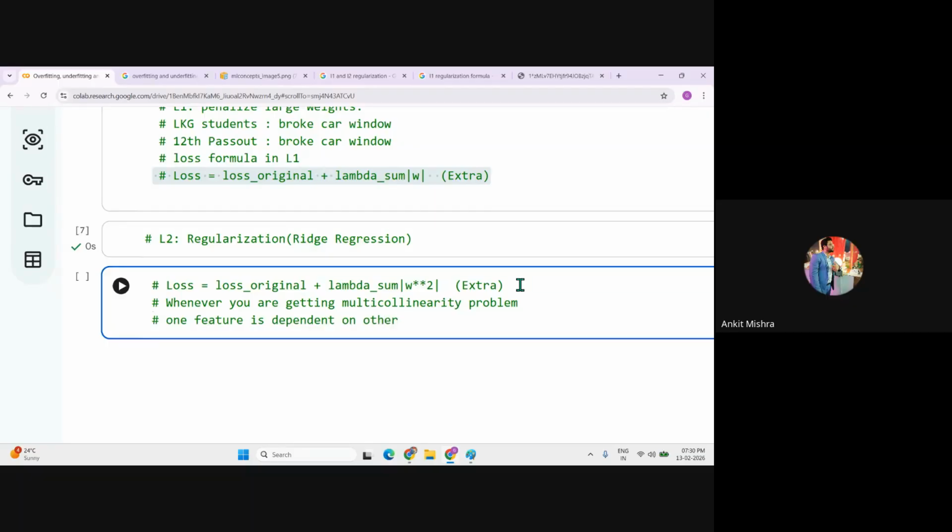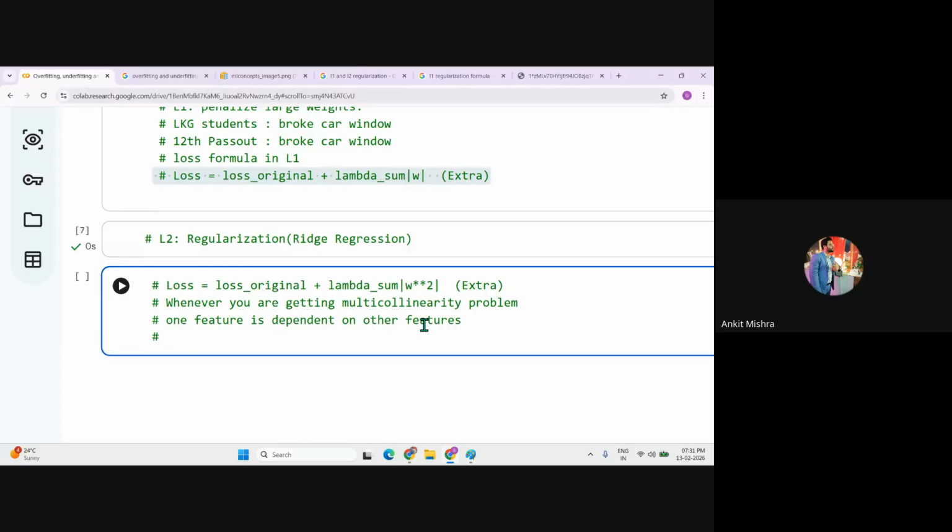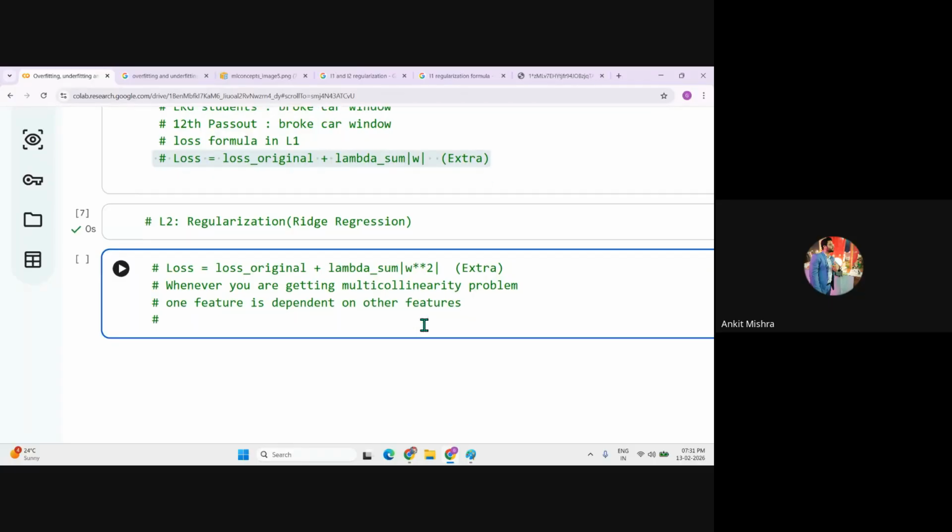In a practical situation, we want the target to be dependent on the features, but in practice we generally get a feature that is dependent on another feature. That is generally referred to as multicollinearity. If we are getting a multicollinearity problem, we can get the overfitting issue, and in that case, we can use the L2 technique. One feature is dependent on other features, so you can use this L2 technique.